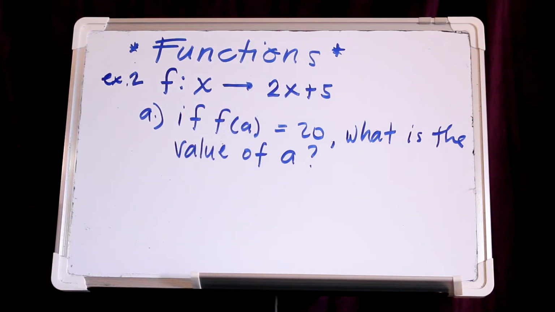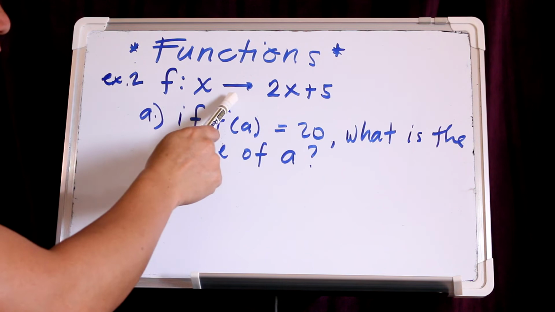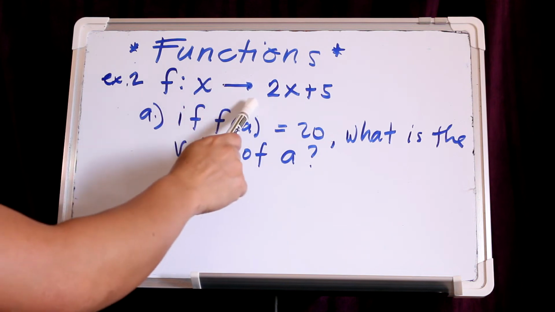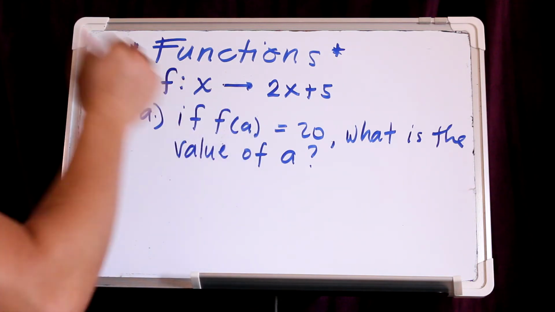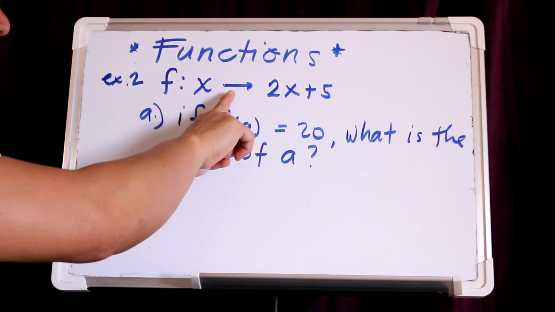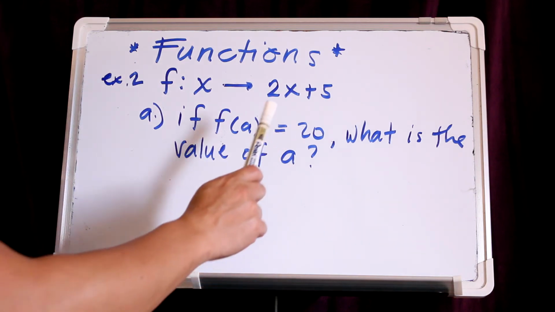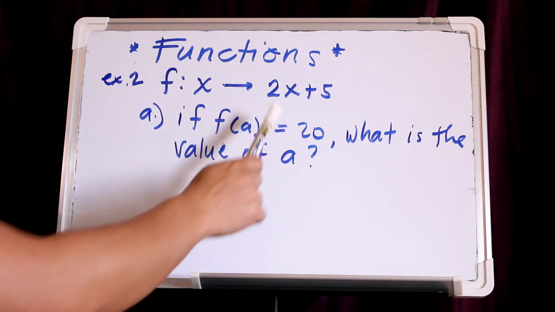This means that the function f has an x that will produce... Okay, so if you are going to view the arrow, just similar to the equal sign, but for this case we use the arrow because we intend to say that the f function has or will produce 2x plus 5.